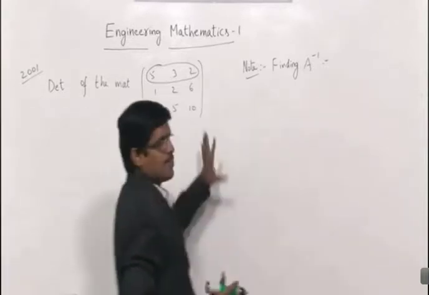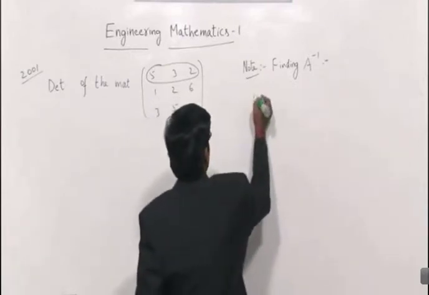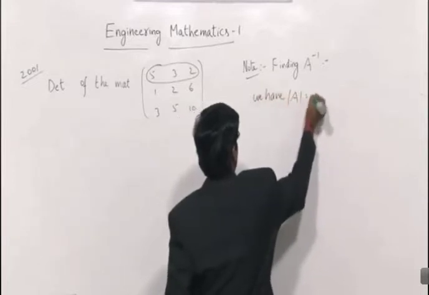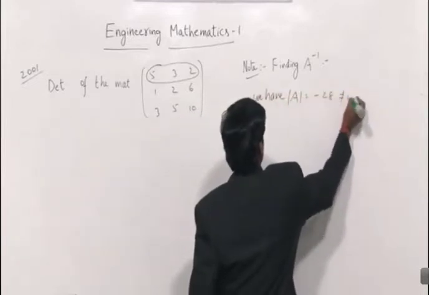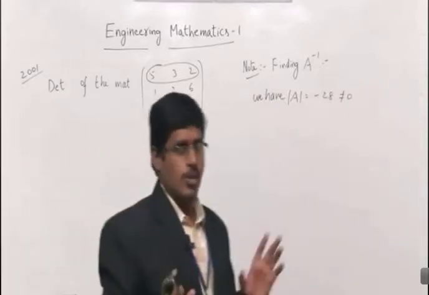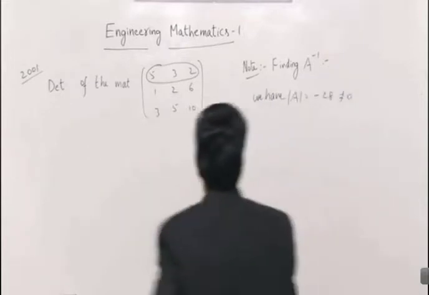Now finding A inverse means, first of all, the determinant we already calculated. We have determinant A equal to minus 28, not equal to 0, which we already calculated. Whenever the determinant is not equal to 0, only then do we proceed further, that is, finding adjoint A.